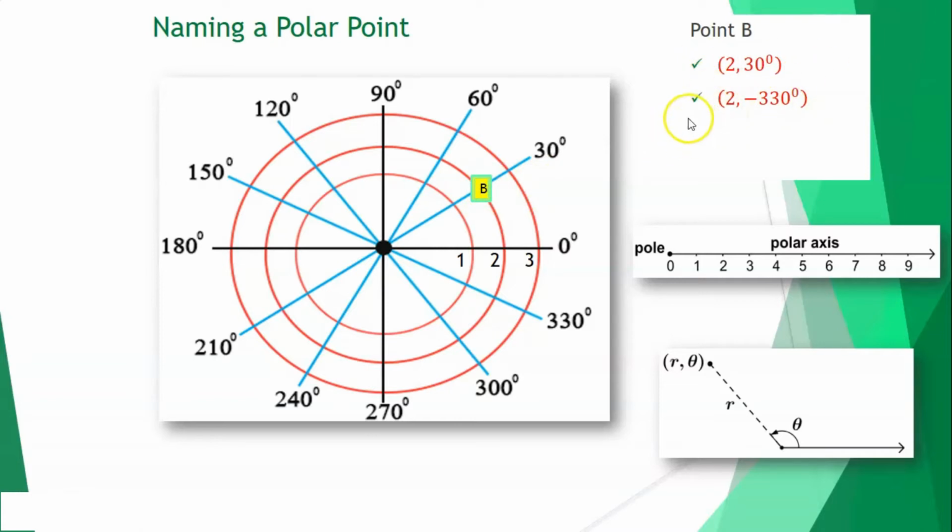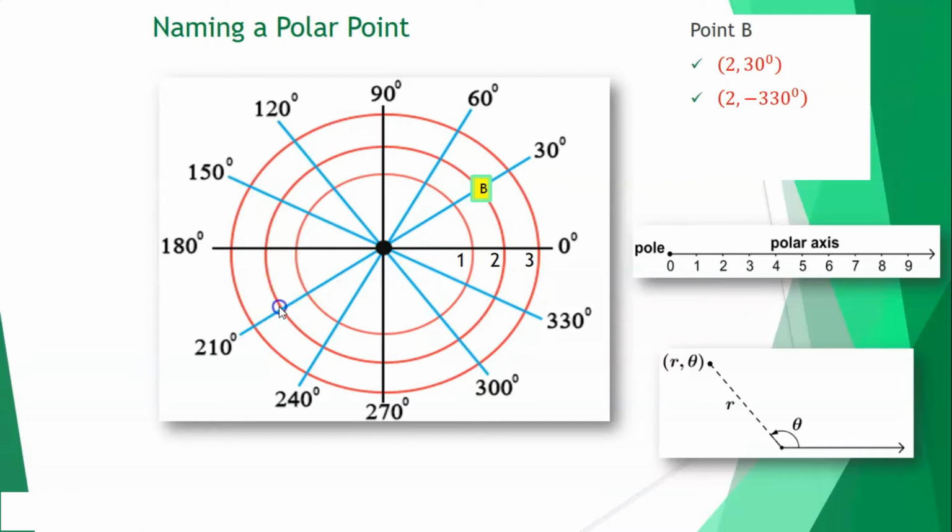Now another way of naming a point is to make use of a negative radius. This point is located in the first quadrant. To identify its negative radius equivalent, we identify its opposite quadrant. The opposite of 30 is here, in the third quadrant, at 210 degrees.